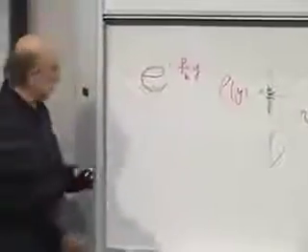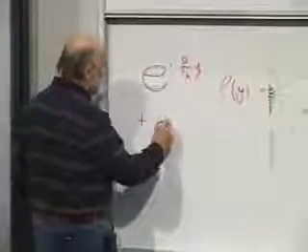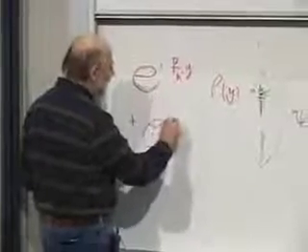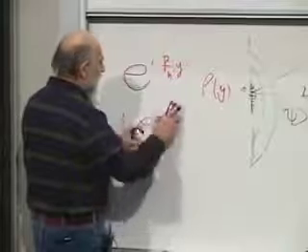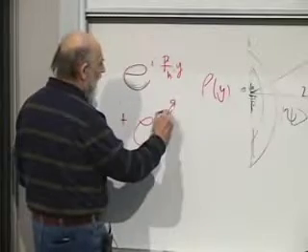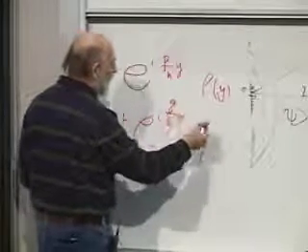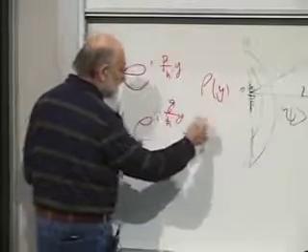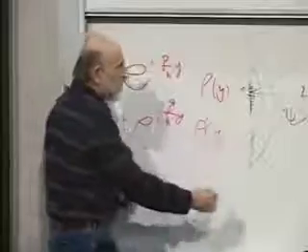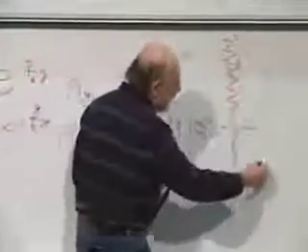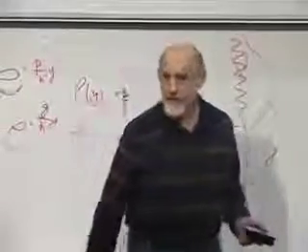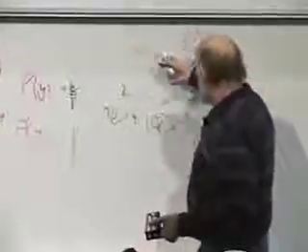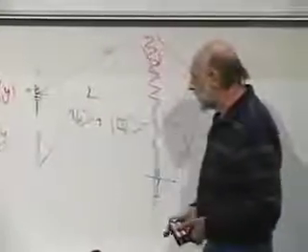But then you open a second hole, and the second hole is some e to the i, let's call it p prime, or q, over h bar y, times a second smooth function, rho of y, which might just be the first smooth function slightly displaced, because you lowered the hole.